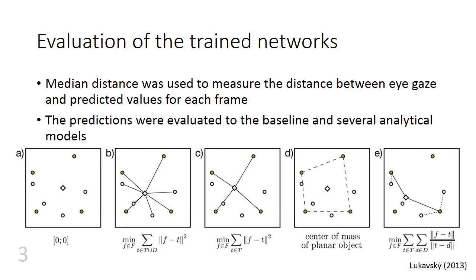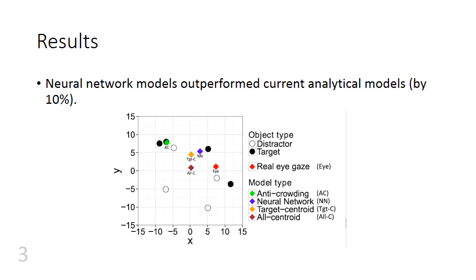The performance of the trained networks was evaluated using the median of Euclidean distances between eye gaze and predicted values for each frame. I also computed several analytical models from previous studies as current state-of-the-art models. The neural network models outperform the current analytical models by 10%. Below, you can see predictions for one selected frame.